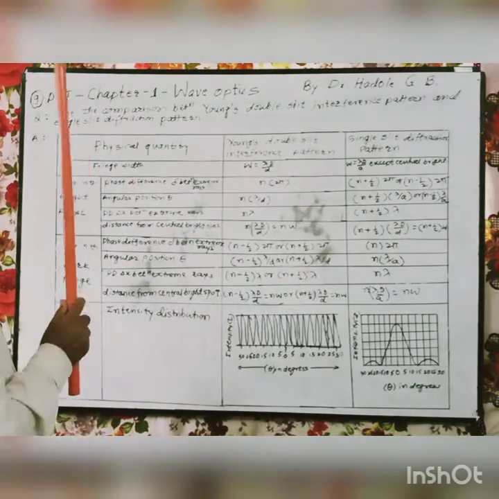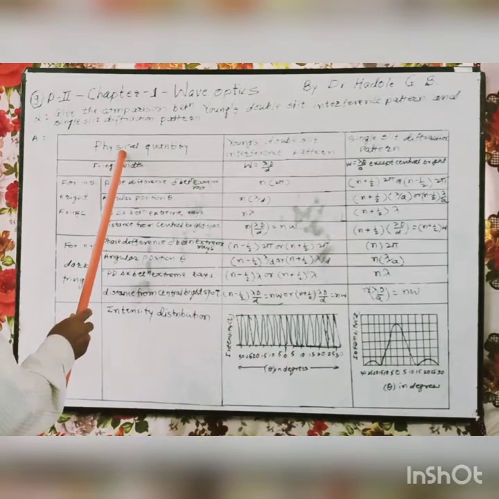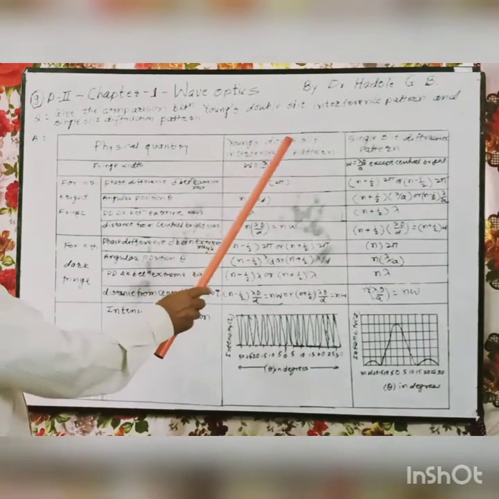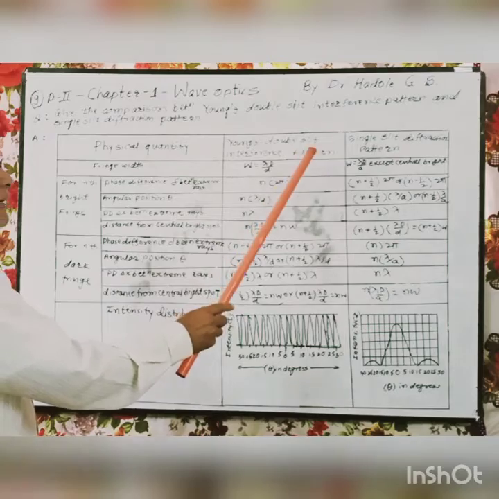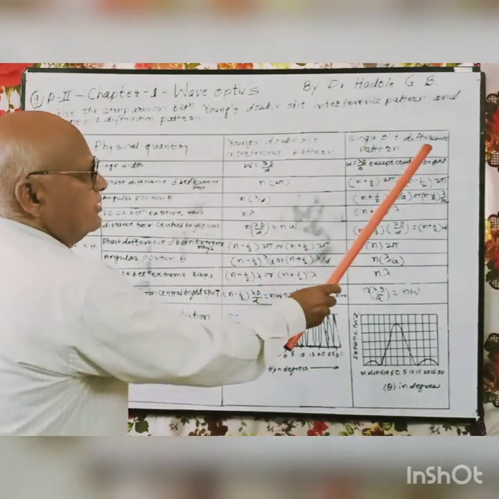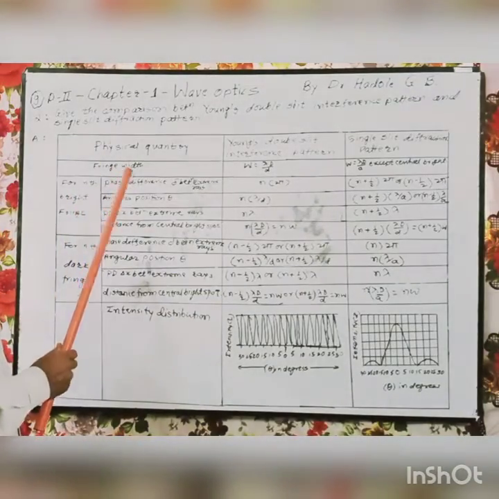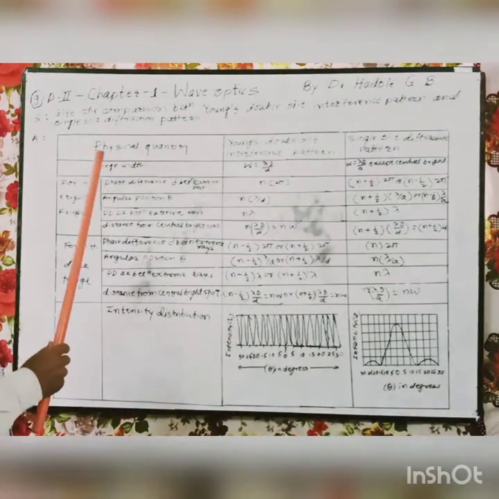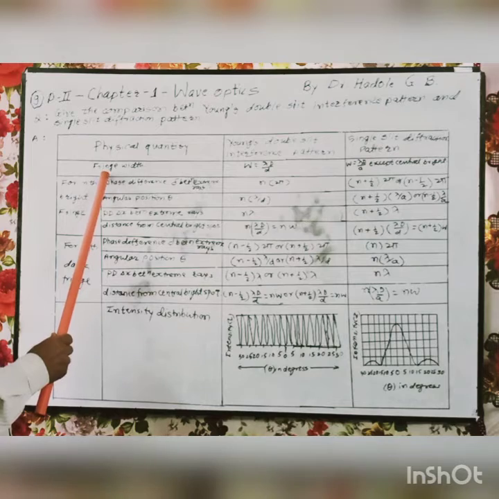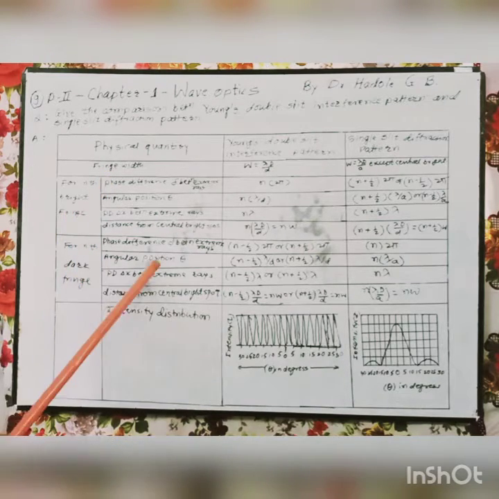So let us start. Here these are the physical quantity, Young's double slit interference pattern, and single slit diffraction pattern. Now the first quantity to be considered is fringe width.